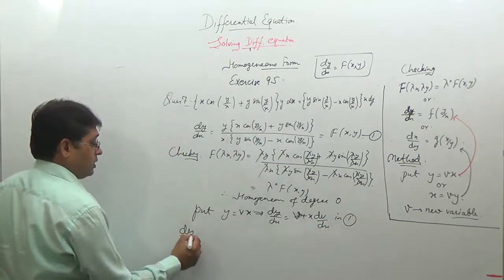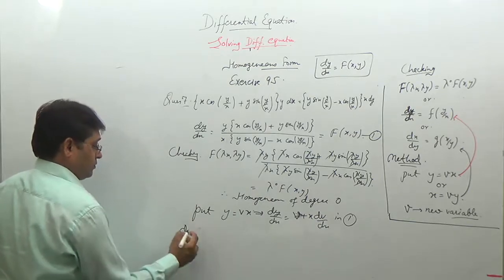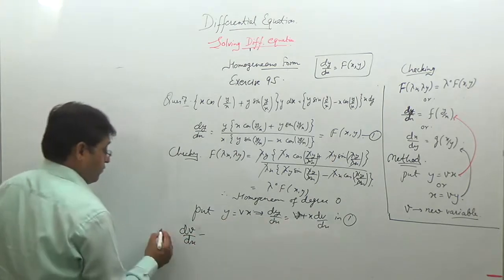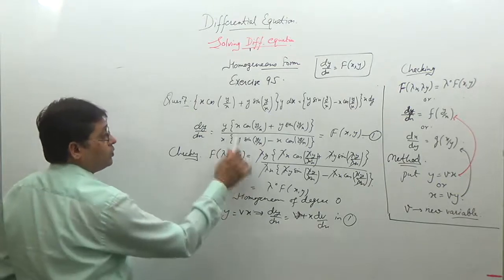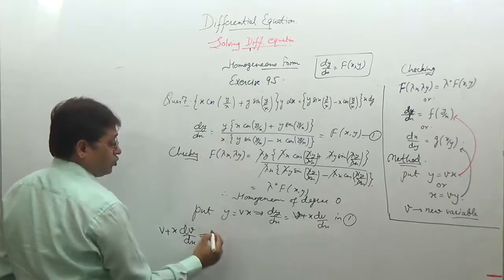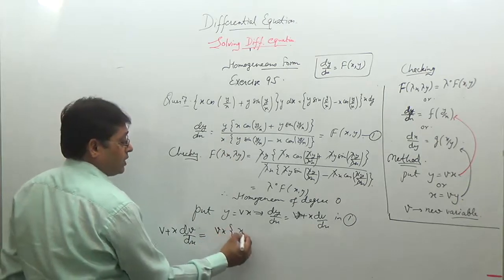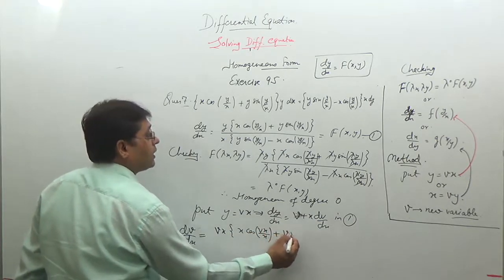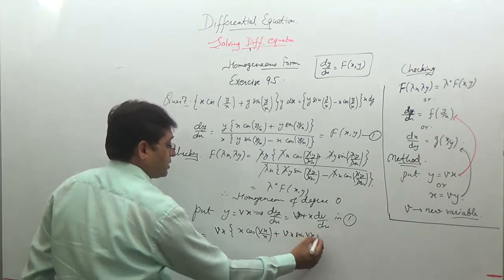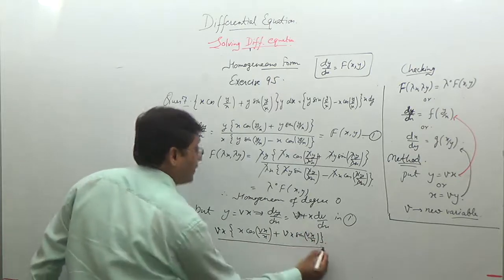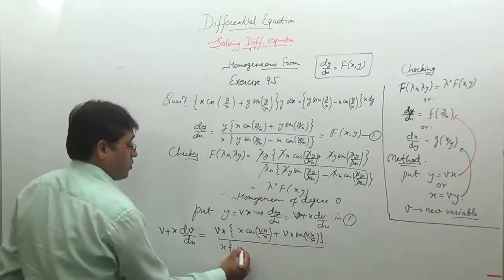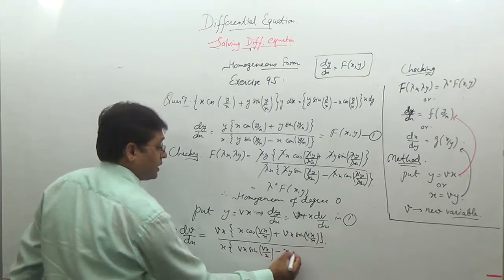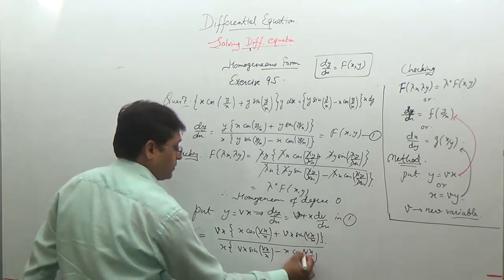So you will get v plus x dv by dx is equal to, here put y is equal to vx, so you will get vx times x cos vx upon x plus vx sin vx upon x, whole divided by x times vx sine of vx upon x minus x cos of vx upon x.